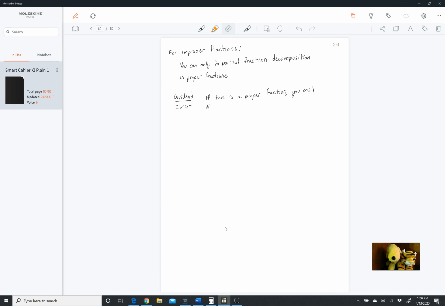Otherwise, your dividend over your divisor is going to equal your quotient plus your remainder over your divisor.